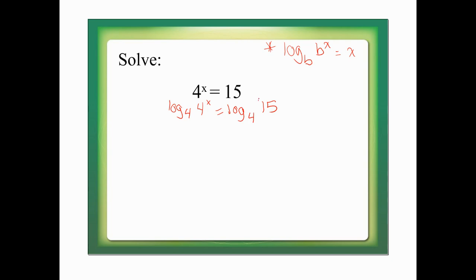Log with base 4 is just an operation. Knowing that it equals x, I now get x equals log with base 4 of 15. This is where we now need to use our change of base formula.